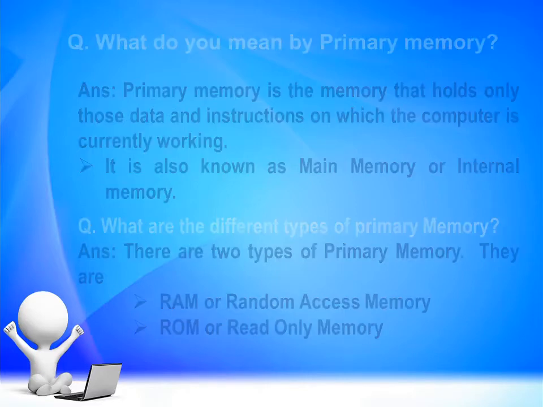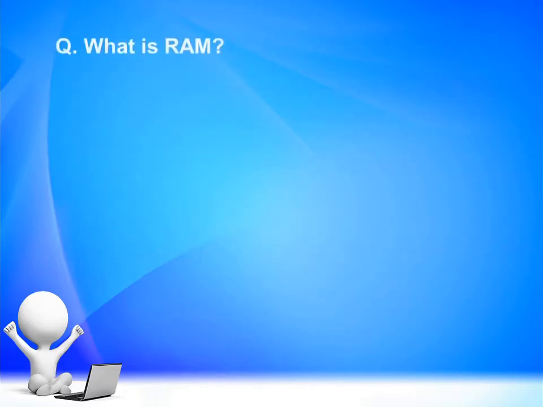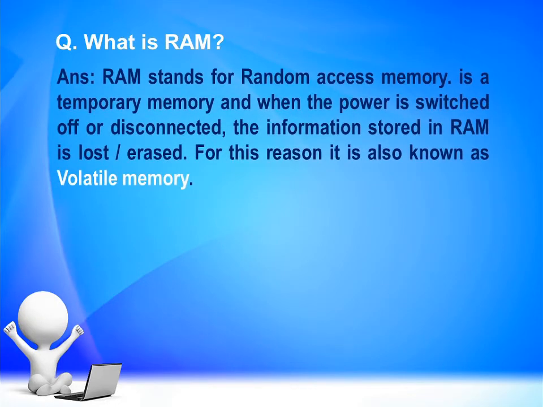Next, what is RAM? RAM stands for Random Access Memory. It is a temporary memory, and when the power is switched off or disconnected, the information stored in RAM is lost or erased. For this reason, it is also known as volatile memory.